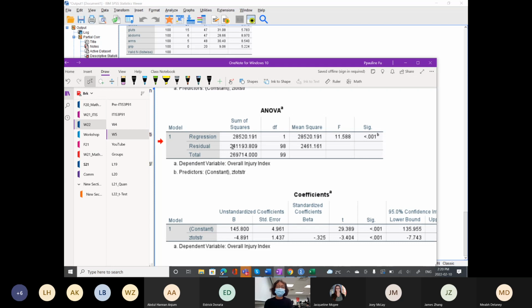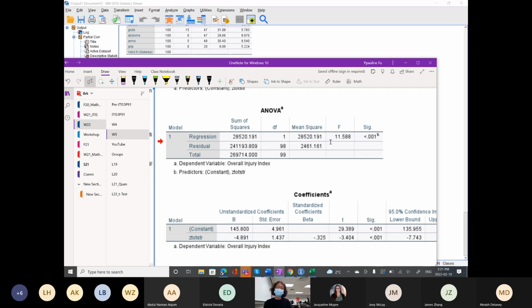Okay, use 241,193 divided by degree of freedom 98. You get mean square 2,461. Okay. Again, this kind of calculation or relationship I taught in class, it might appear in the midterm or final exam.